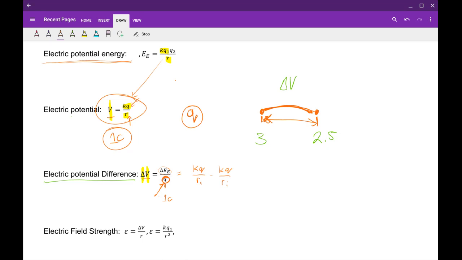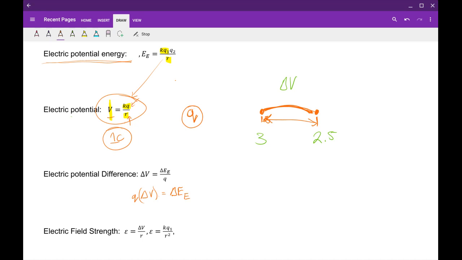And so therefore you end up being able to adjust your change in energy per amount of coulomb. Let me explain that again. The idea is that my delta V times Q is the change in electrical energy.